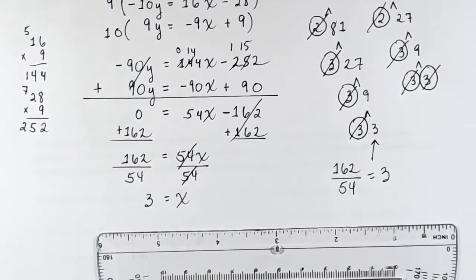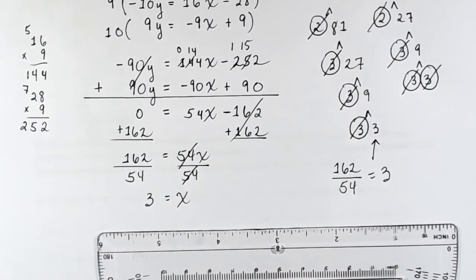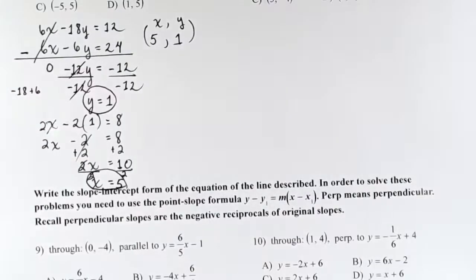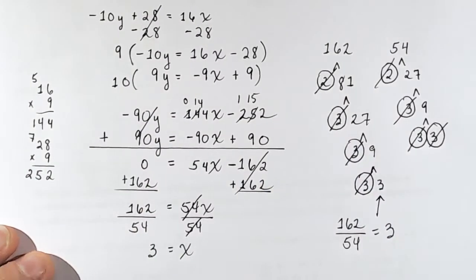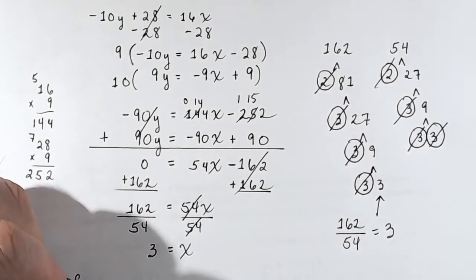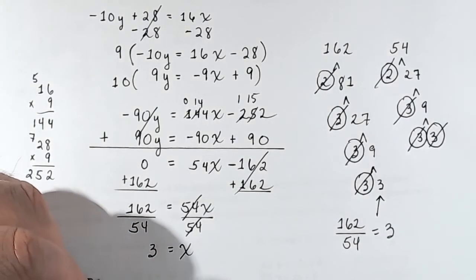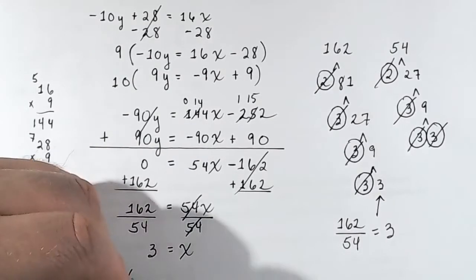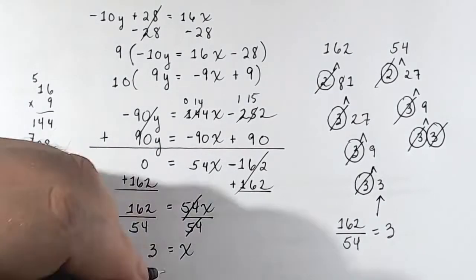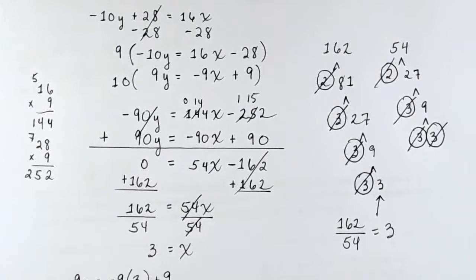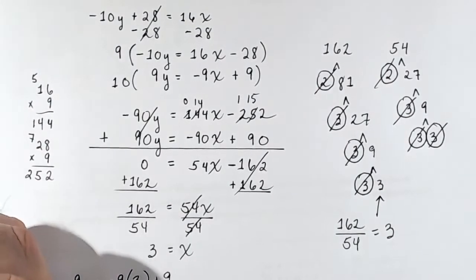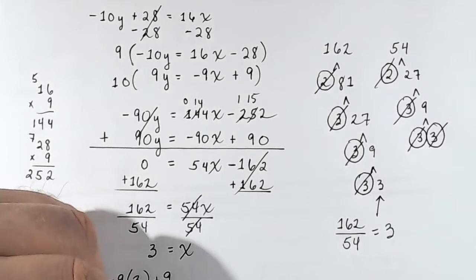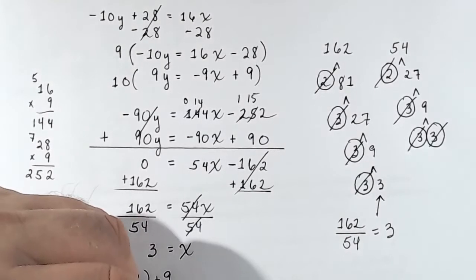Well, x equals 3. And so I just plug that back into one of my original equations. Let's find out what y is. So one of my original equations said 9y equals negative 9, open parentheses, put the 3, close parentheses, plus 9. So I have 9y equals negative 9 times 3 is negative 27, plus 9.